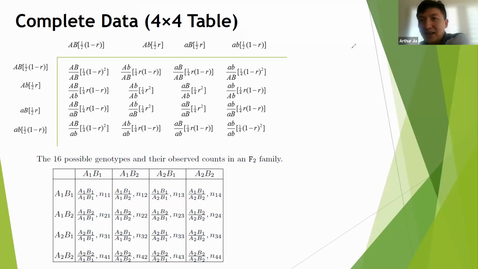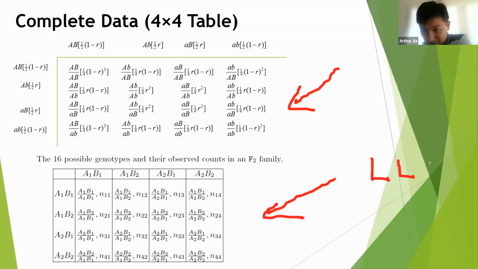This is very similar to what we have dealt with. We use this model and this data, and we can easily calculate the log likelihood function.